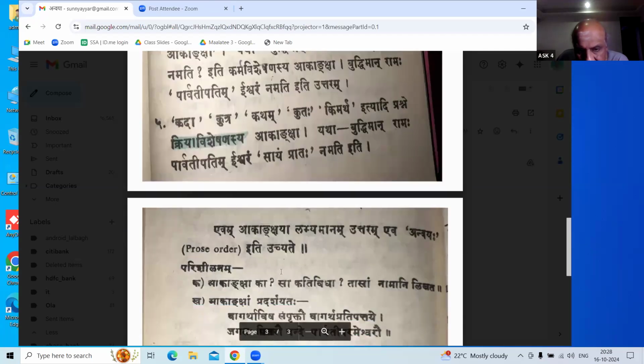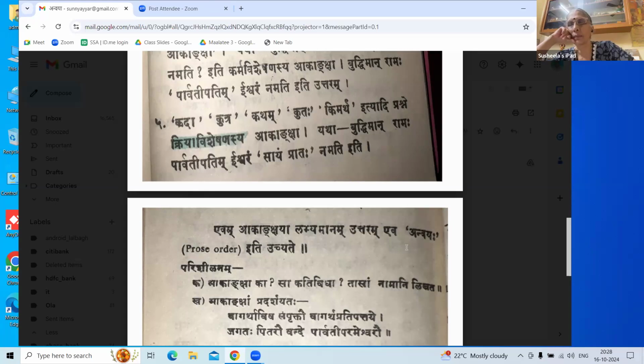Evam akankshaya labhyamanam uttaram eva anvayaha. So the answer we get by posing all these five types of interrogatives is called anvaya, the prose order. Very nicely they have explained, isn't it? Did you all understand?